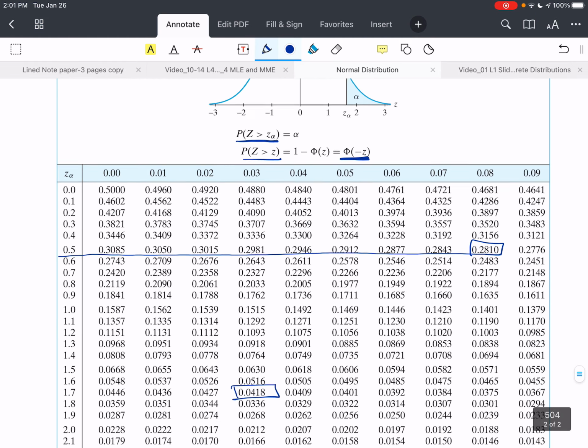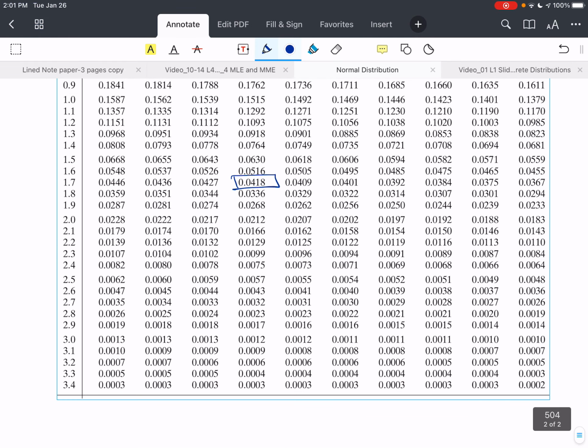Okay, so interesting, we go up to 3.49 on this side. And so remember that this is 3.49. This is the probability above that value. So at 3.49, the probability up here is 0.0002, so the probability over here for phi is 0.9998.